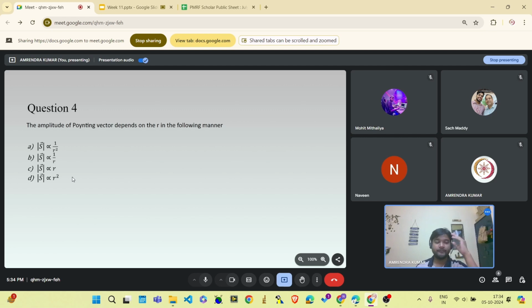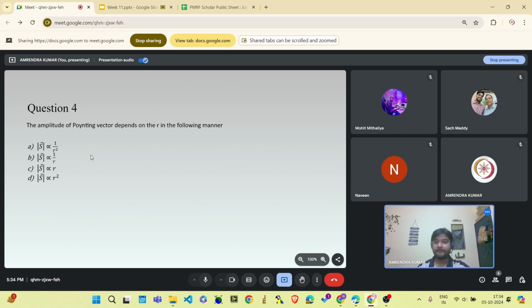For this we need to understand how the electric field and the magnetic field components depend on r, and with that understanding we can see how this pointing vector is decreasing or increasing with the distance.